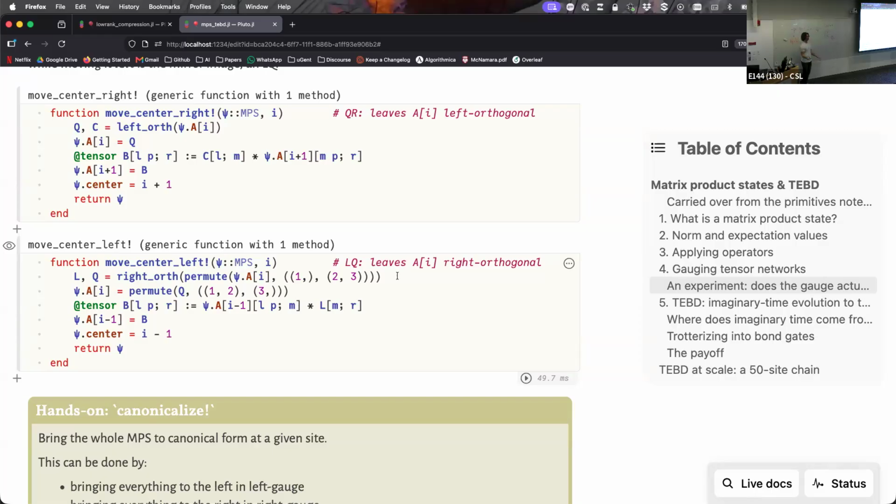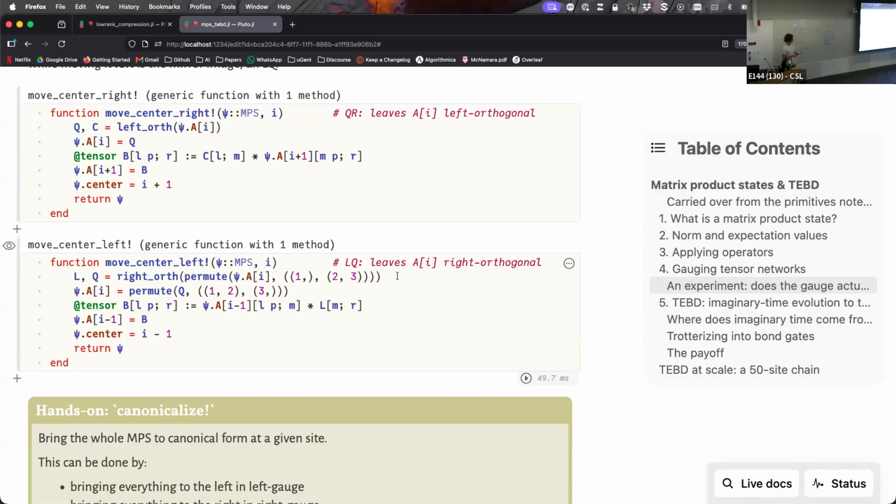If I multiply two things that are orthogonal, this one is orthogonal, so that becomes the identity, and that one is orthogonal, so that becomes the identity. So A B dagger is equal to A B dagger A dagger, and then if this is the identity and this is the identity, the entire thing becomes the identity.